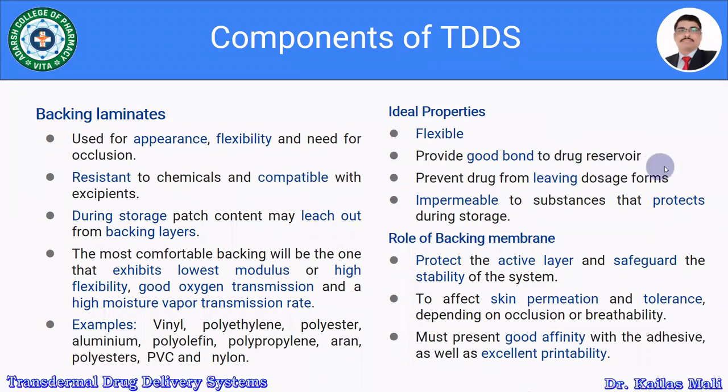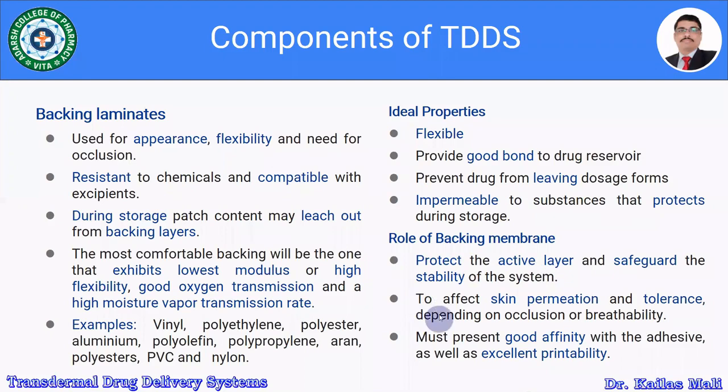to the drug reservoir, it should prevent the drug from leaving the dosage form, and it should be impermeable to the substances that protect during the storage. So the role of the backing membrane is to protect the active layer and safeguard the stability of the system.